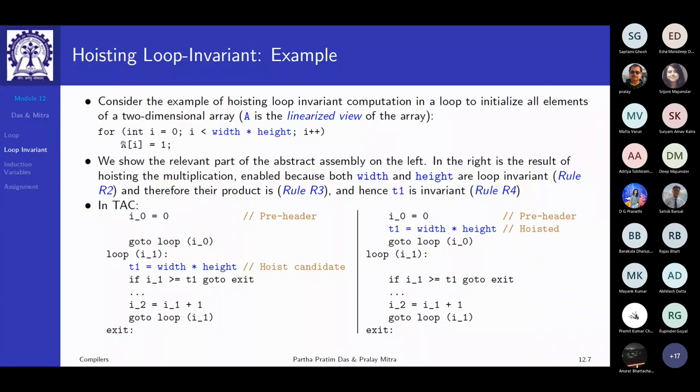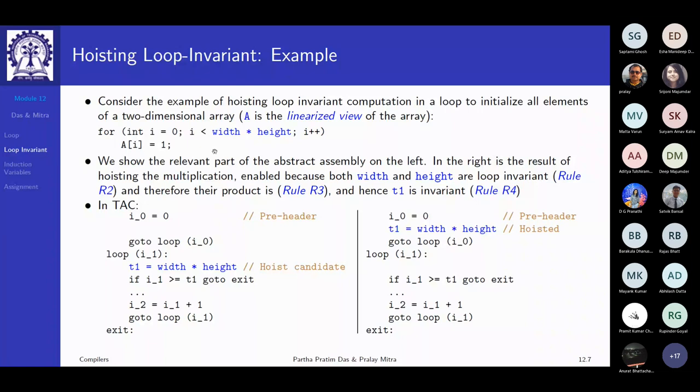Just to keep it simple in terms of index management, I am visualizing the 2-dimensional array as a 1-dimensional array, because by row major, that's what you have. So the loop control goes from 0 to width times height, the width of the array and the height of the array, the number of columns and the number of rows. Right? So this is highlighted because width and height are in this computation.